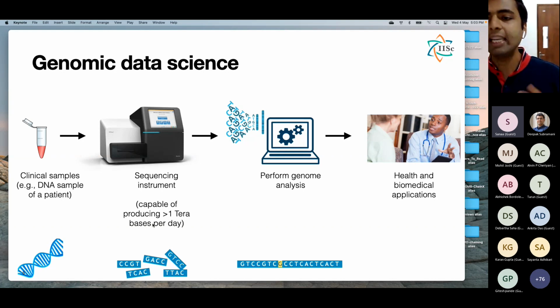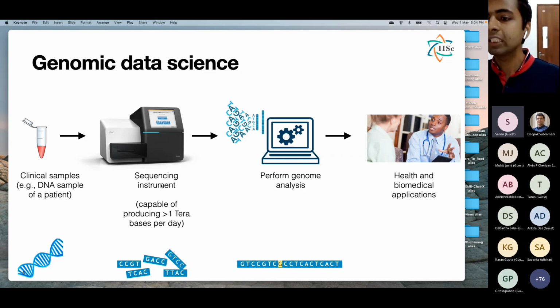This data is really massive, and a life scientist or a doctor who is interested in drawing conclusions from this data will need efficient algorithms to make any conclusions. One thing I want to mention at this point is that these sequencing instruments do not read the genome from one end to the other.